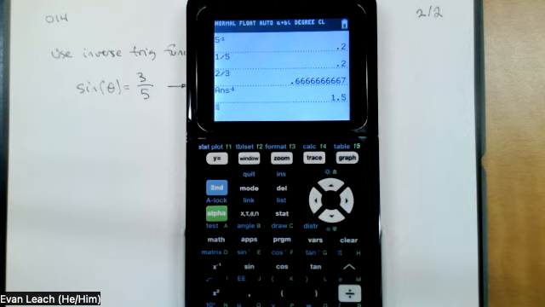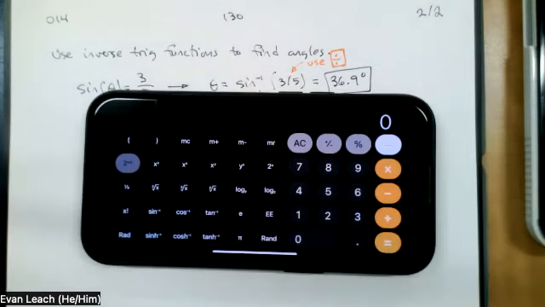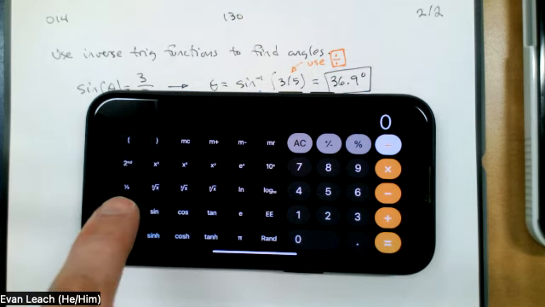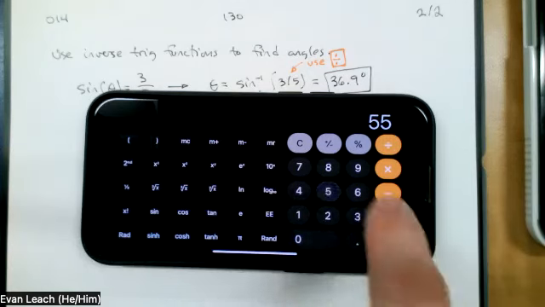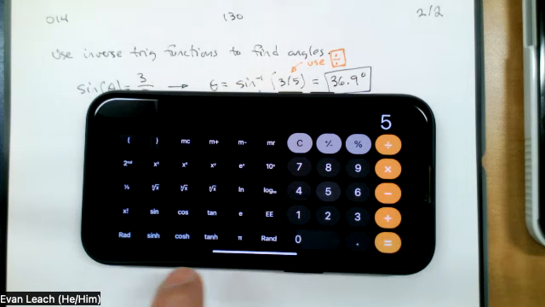So that x to the minus 1 button is a reciprocal button. Your iPhone uses a different button. Your iPhone has a button here that says 1 over x. It's a reciprocal. So if I press 5 and then hit 1 over x, it gives me the reciprocal of 5. So you're going to have to figure out when you flip things over and when you do the trig function button.